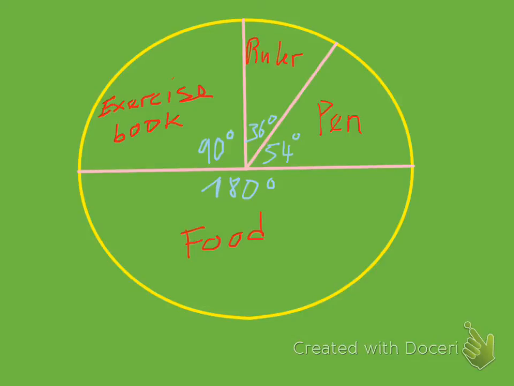So you see that this is what we did before. We were looking for these angles, and now that we have the angles, it's easy to put them on a pie chart. This is called a pie chart, what you are seeing in front of you.